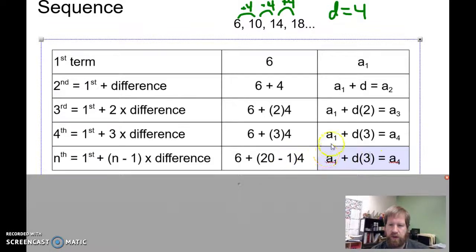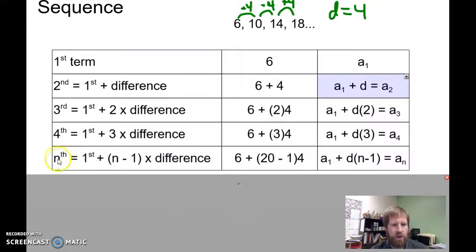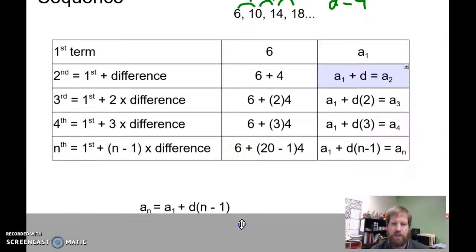So I am going to have my first term that stays the same, and I'm going to add that to my difference, but what I've got here and what I've got here tells me that this should be an n minus 1, where this n and this n are the same. So whatever term I'm looking for, I'm going to do the first term plus the difference times that term minus 1, and that'll get me the value. Okay? And that's my formula.